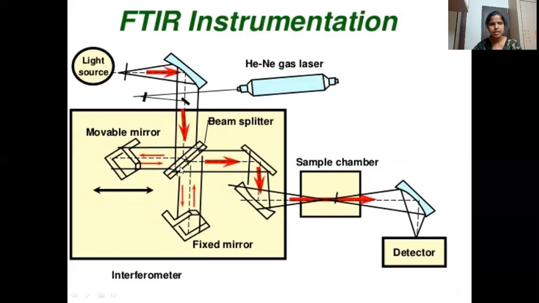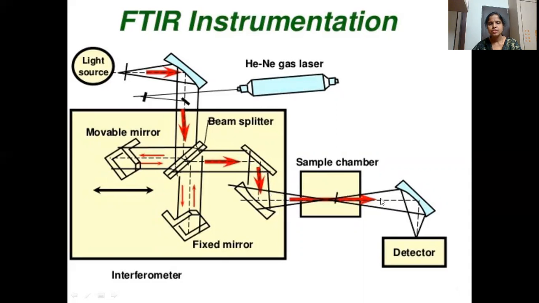The waves coming from these two mirrors may be of two types: constructive interference and destructive interference. When the beam is made incident onto the sample, the sample will absorb some of the radiation and the other radiation will be transmitted out.